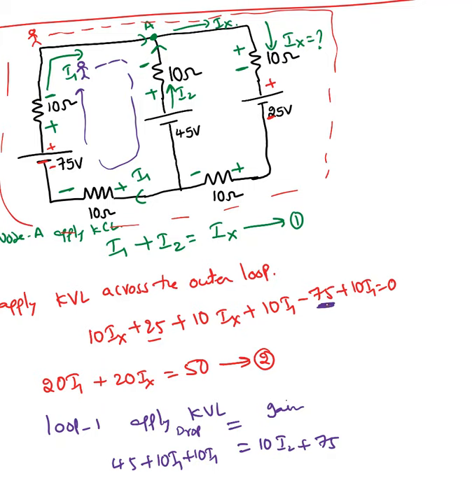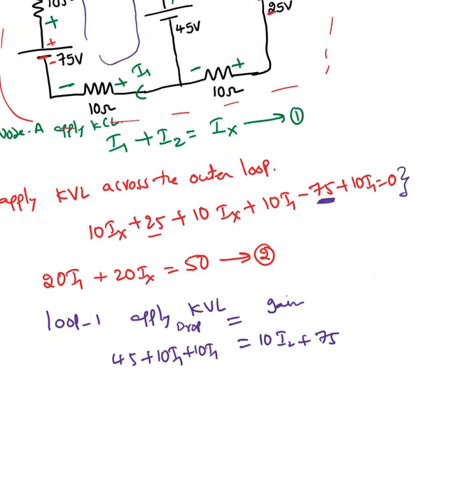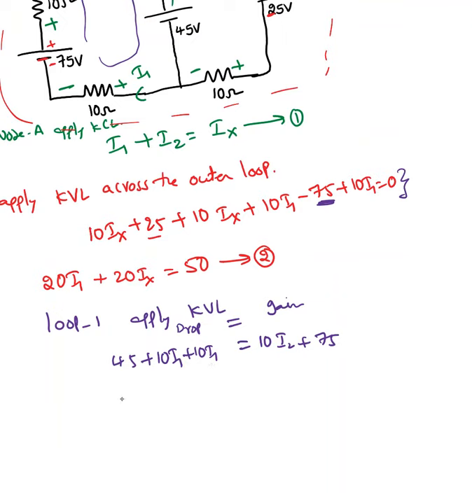I should have written the 75 on the other side as a gain. But this equation is also right, the way I wrote it. So I have 20 I1 minus 10 I2 equals 75 minus 45, which equals 30. This is my third equation.